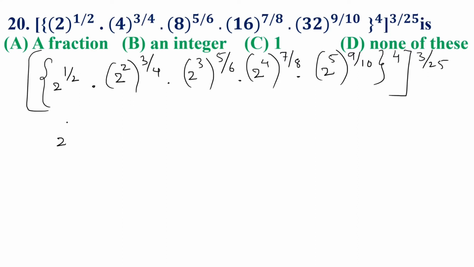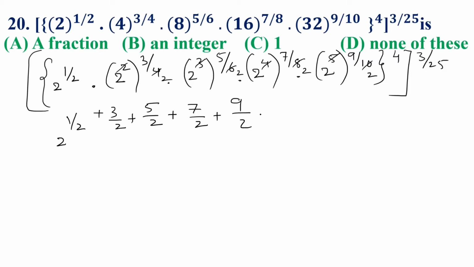So this will be the same, 2 to the power of 1 by 2. Directly I am writing. So 2 plus 3 by 2 will become here 3 2s are, so 5 by 2 plus 4 2s are 7 by 2 plus 5 2s are 9 by 2, whole to the power of 4, and then square bracket 3 by 25.